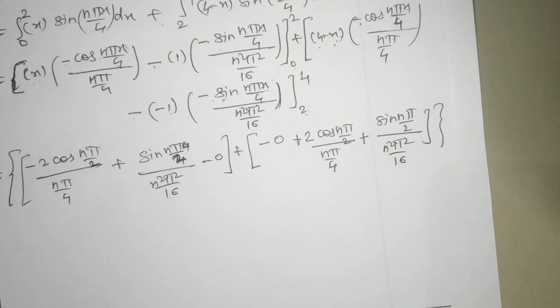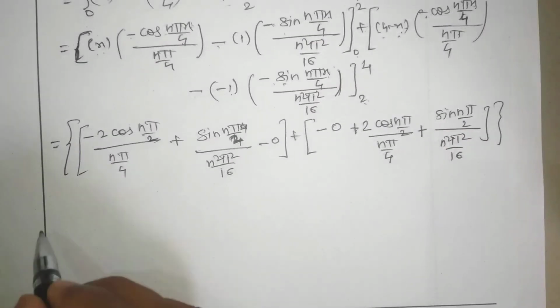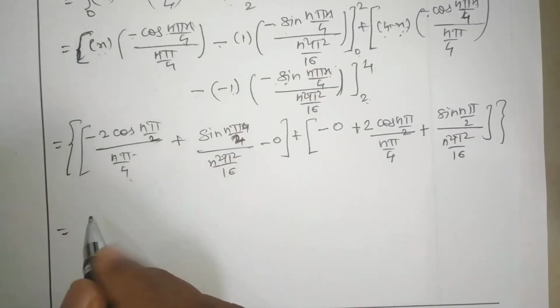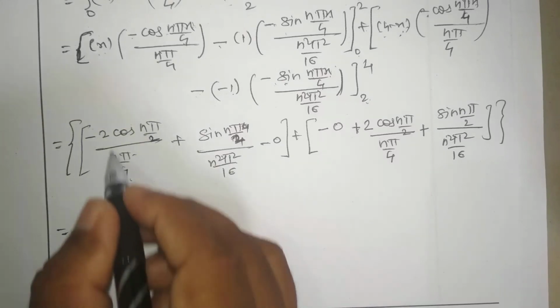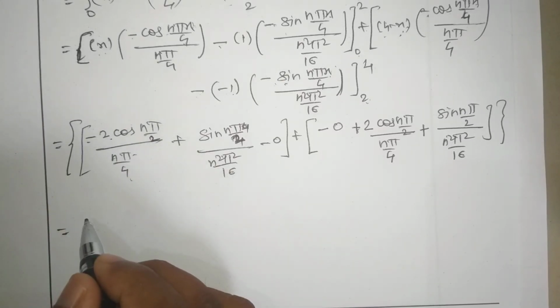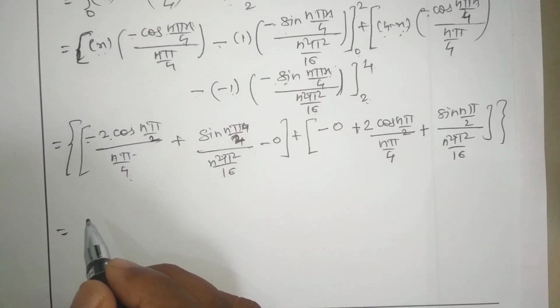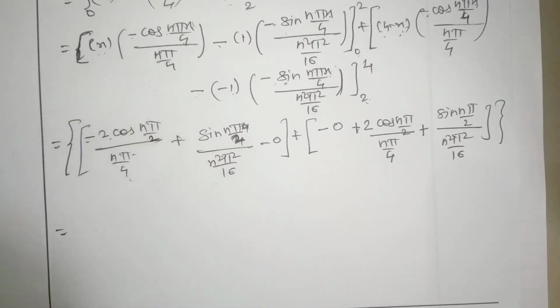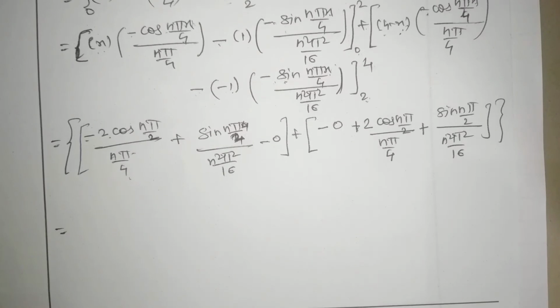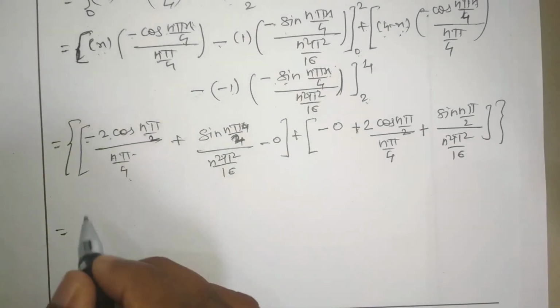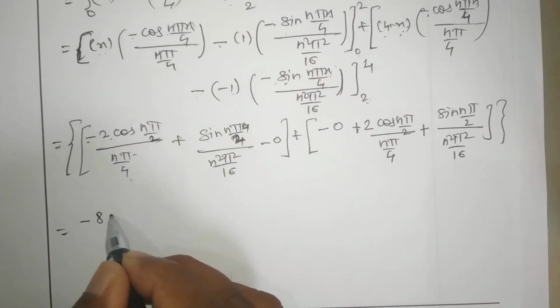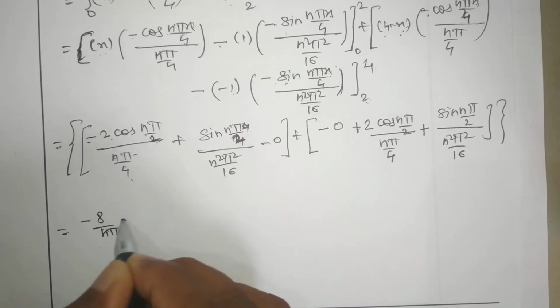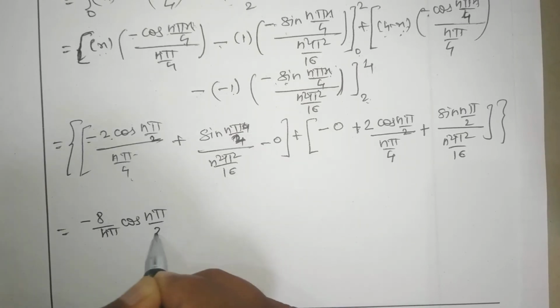Now simplifying this, taking n pi by 4 in the numerator, it is 4 upon n pi, so 4 into minus 2, so it is minus 8 upon n pi into cos n pi by 2.